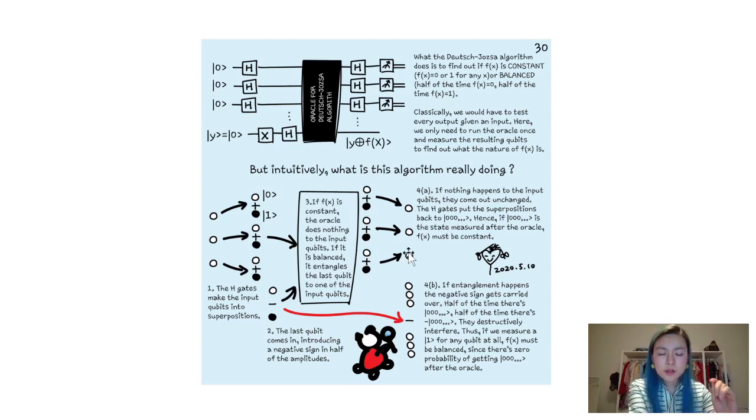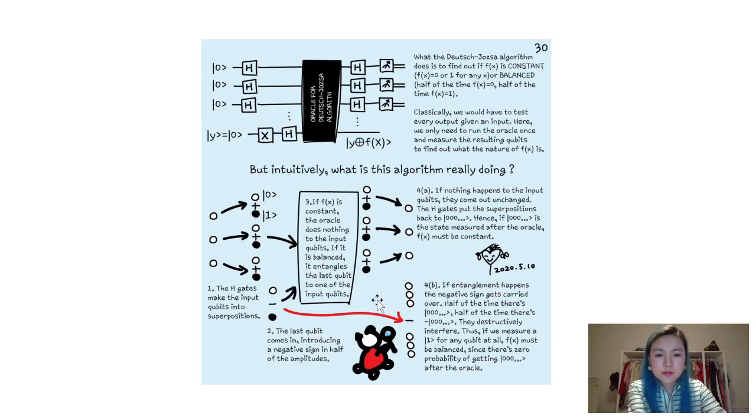However, if you want your black box to have this balanced function, then what it is doing is it actually entangles this qubit, this state, with any of the other states.